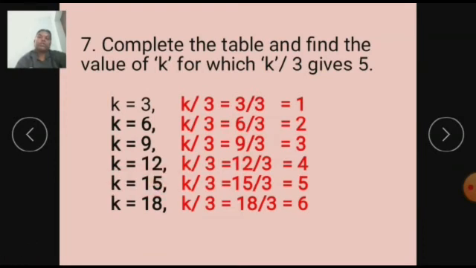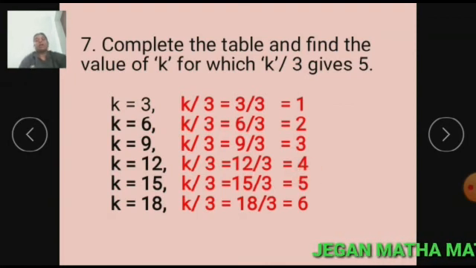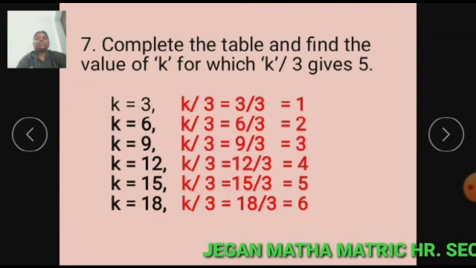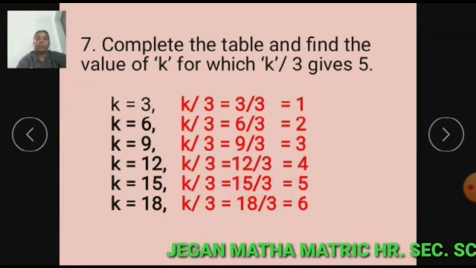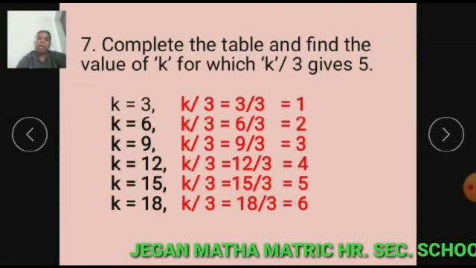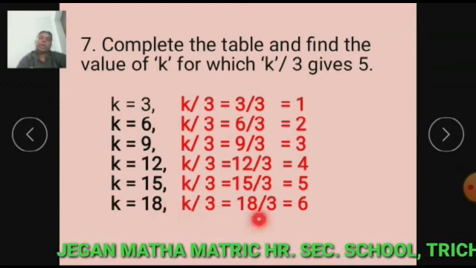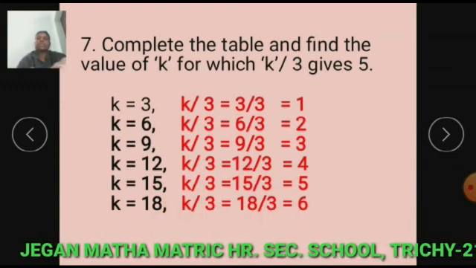k equals 12. We substitute the k value in the k by 3 expression. Equals 12 by 3 equals 4. k equals 15. k by 3 equals 15 by 3 equals 5. k equals 18. k by 3 equals 18 by 3, we get 6.